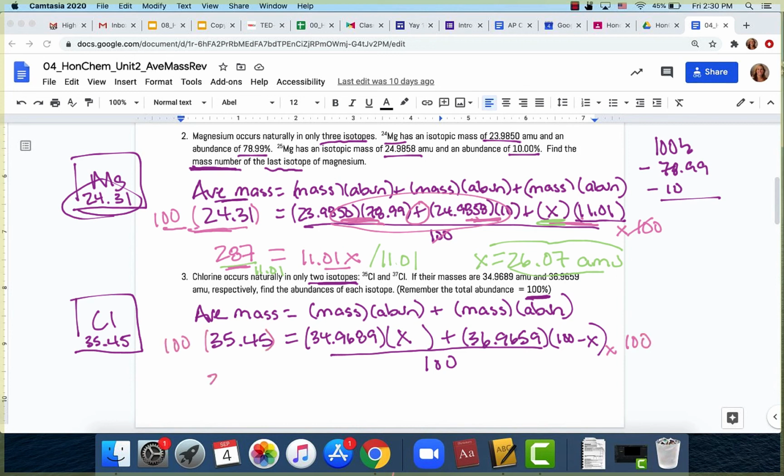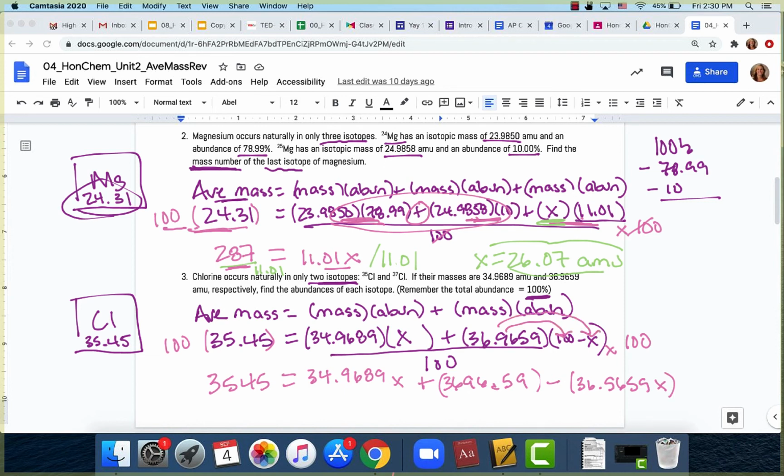So this is 3,545 equals 34.9689x plus 3696.59 minus 36.9659x. Remember, this has to be distributed.